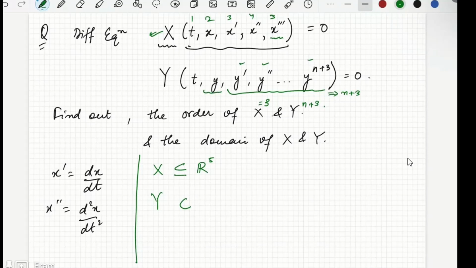Apart from that, we have this function y, the variable y, which accounts for one more variable, and then we have t. So in total we have n plus 3 plus 1 plus 1, so it is R^(n+3+1+1), that is R of n plus 5.